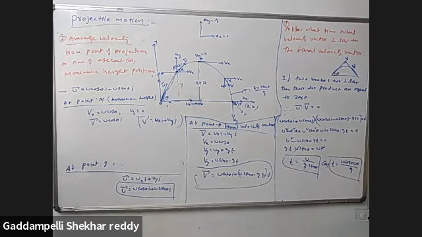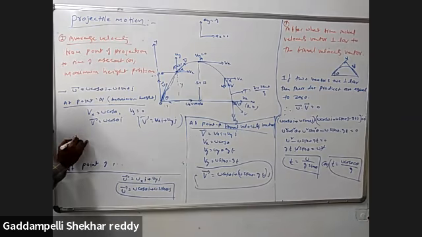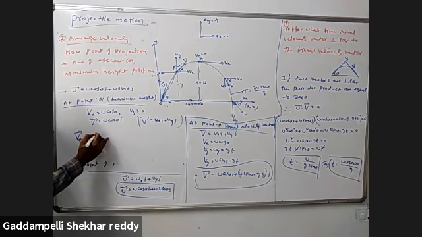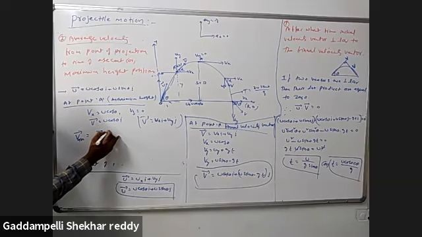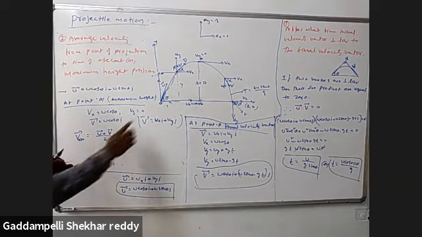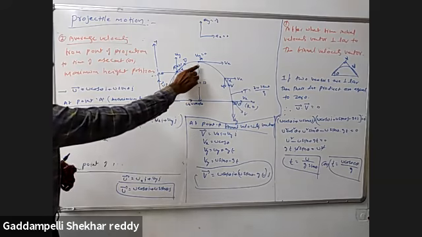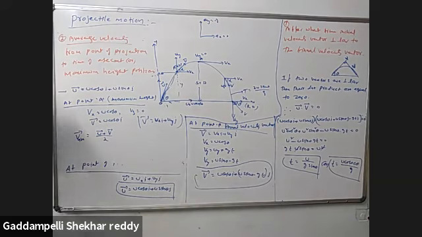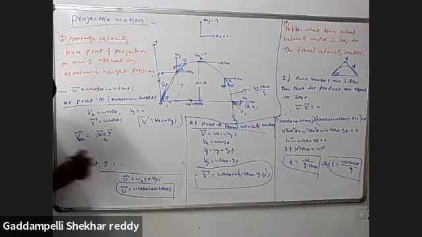Now we are asking the average velocity. V average is equal to both velocities, u bar plus V bar, by 2. So the number of terms here: one term, next term, total number of terms.